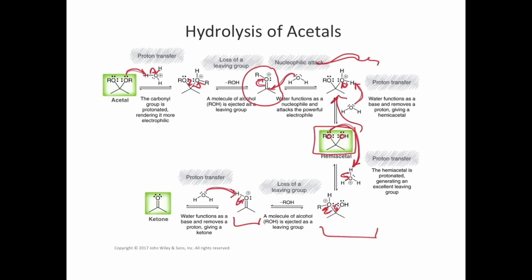So yes, all things are happening and it's going back and forth and equilibrating through all of these steps. But when you're drawing a mechanism, you want to draw steps that move you forward to the product. So if you had protonated this oxygen at that stage, that would have taken you backwards in the mechanism, not forwards.